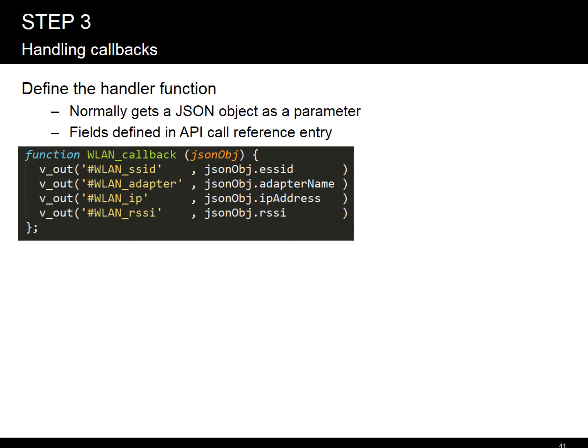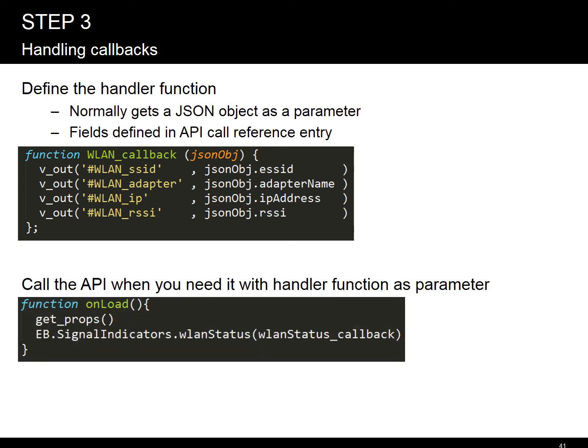Now, my onload will issue the actual API call, so it will fire, process somewhere in the background, and when there's news for me, trigger the callback function. For example, on Android, the WLAN status call triggers callback whenever any WLAN parameters change, be it connectivity status or signal strength.